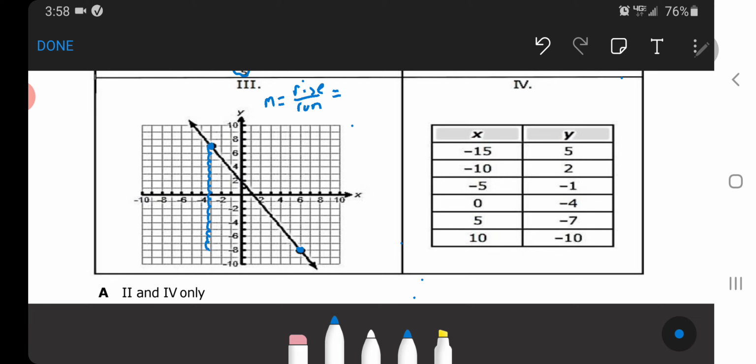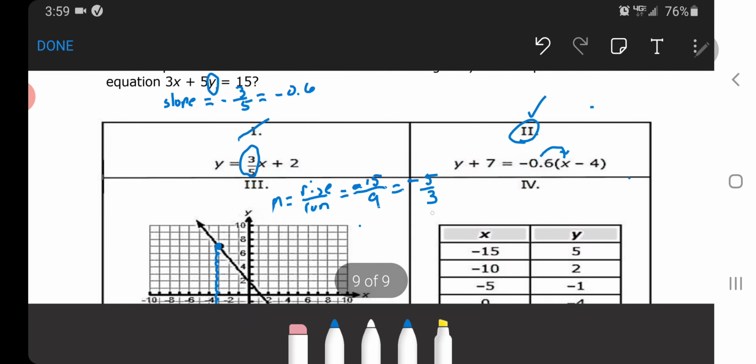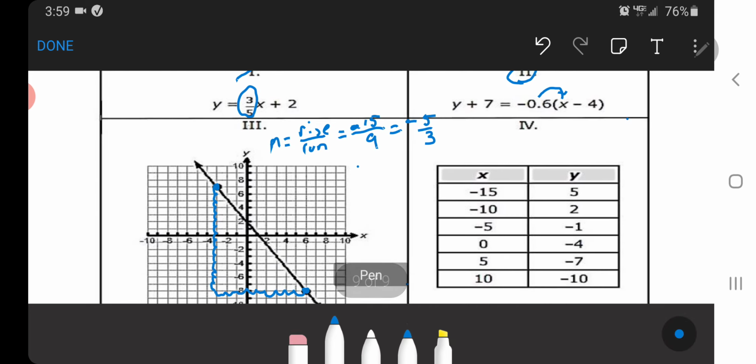So we go 15 down. We represent that with negative 15. Over our run, which is 1, 2, 3, 4, 5, 6, 7, 8, 9. We went right 9, so positive 9. We simplify that fraction down. Divide by 3 or use your calculator. You'll get negative 5 over 3. Once again, let's double check it with what we had before. Negative 3 over 5. So it does not match up. Once again, it's out.